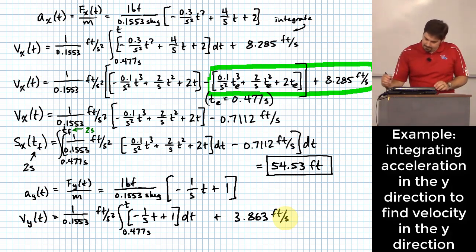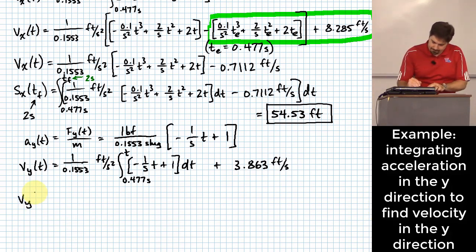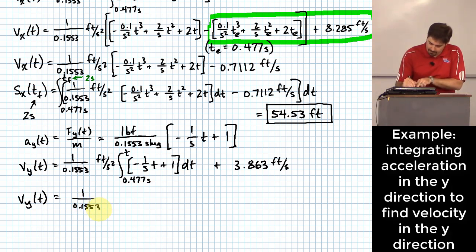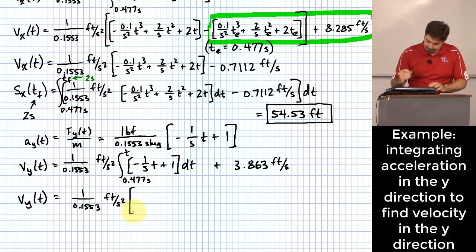All right, and what does that give me? What that gives me is 1 over 0.1553 feet per second squared times, here I would end up with minus 1 over 2 seconds t squared plus t, minus a minus 1 over 2 seconds.